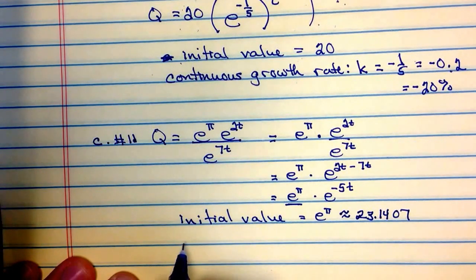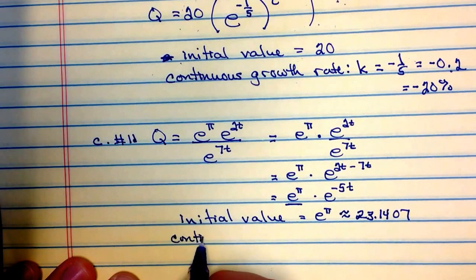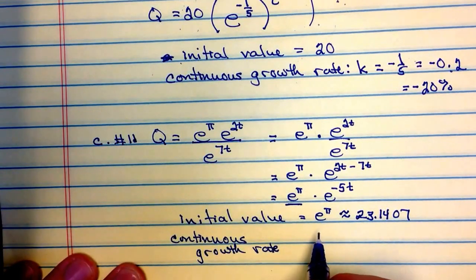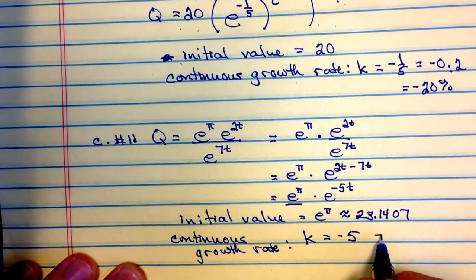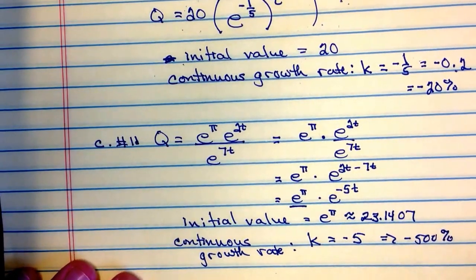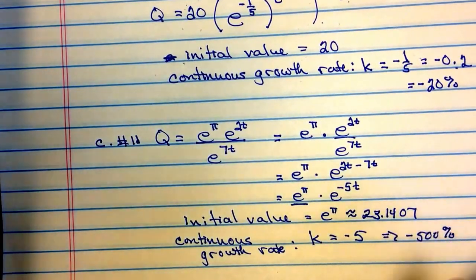And then our continuous growth rate is negative 5. So that translates into a negative 500%. So that sucker's decreasing very quickly.